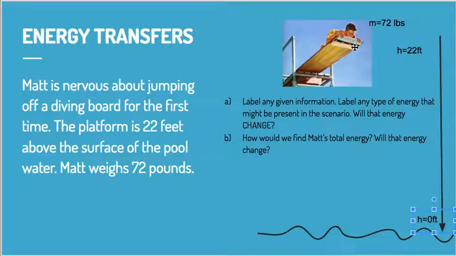So Matt's above ground, so we know that he has stored energy based on his height above Earth. So this could be the surface of the water, this could be something jumping on the ground, he could be midair, he could be on a roof. He has some stored energy, and it doesn't specify that he's moving, so he's not going to have kinetic energy yet.